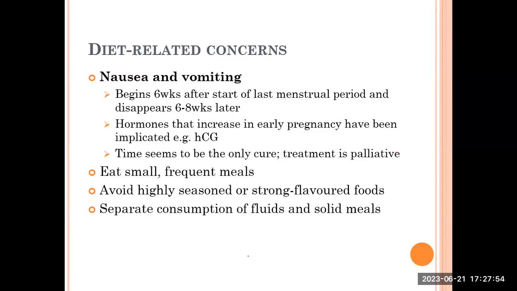And the way to go about it is to encourage them to eat small, frequent meals instead of having a large amount of whatever they are enjoying. Avoid highly seasoned or strong flavored foods that are pungent or will hit them in terms of smell.